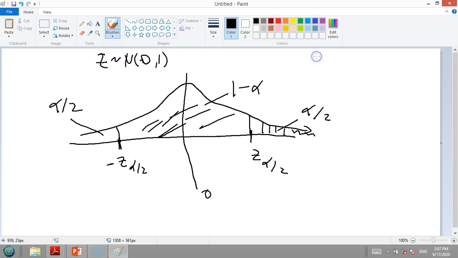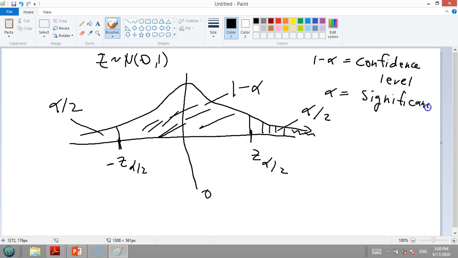I want to define some stuff here. 1 minus alpha is the confidence level. And alpha is what's called the significance level.